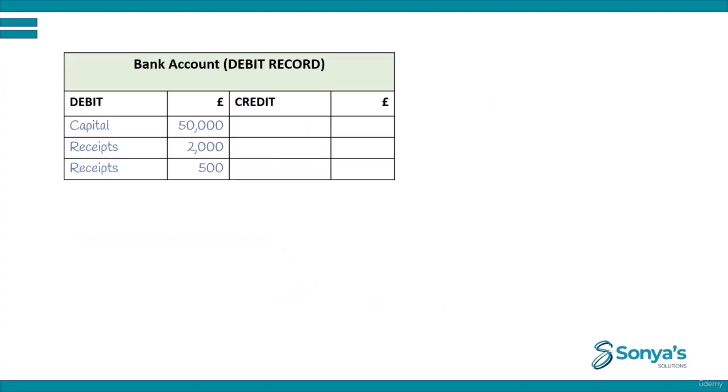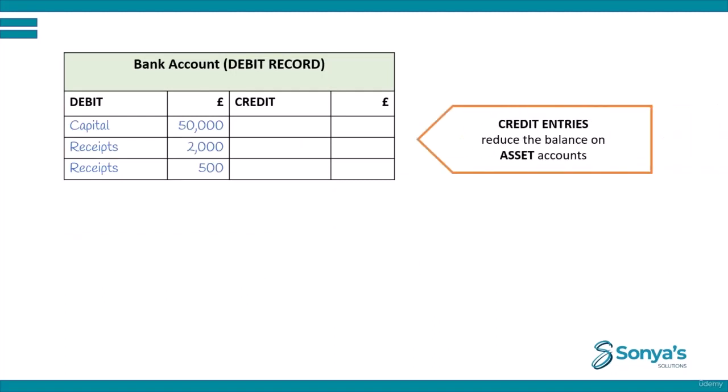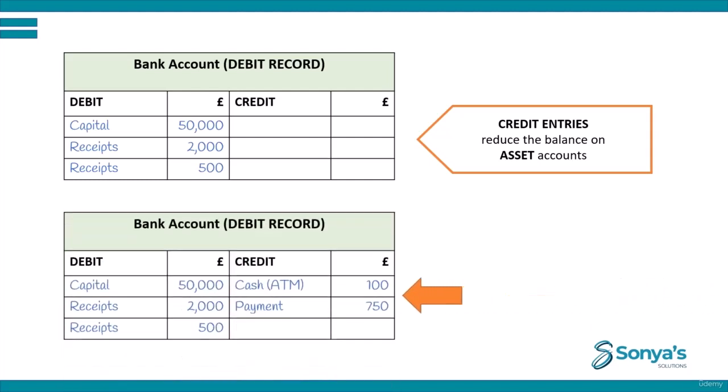We have a credit side on the account so that we can reduce the value of assets. It's thought that plus and minuses didn't exist when this system was established. Cash withdrawals and payments will reduce the bank balance.